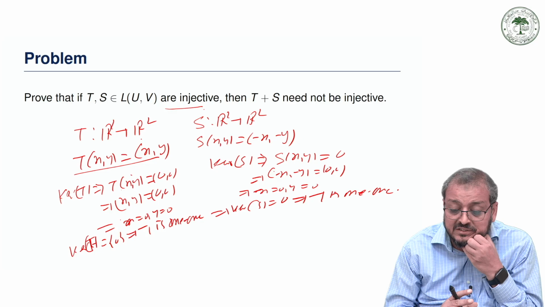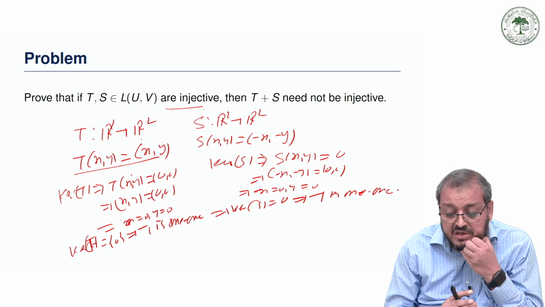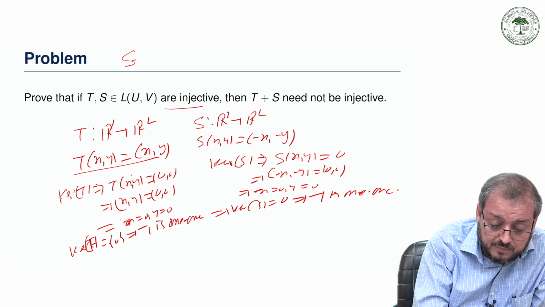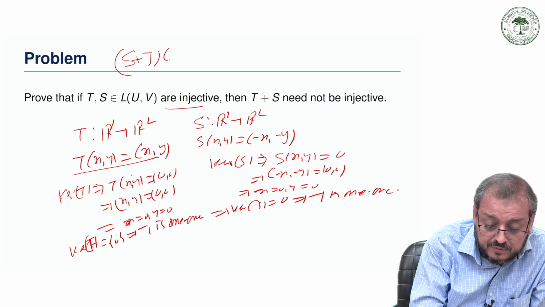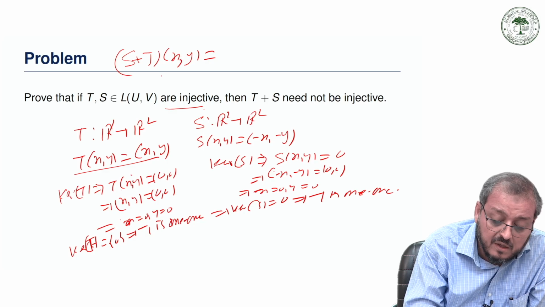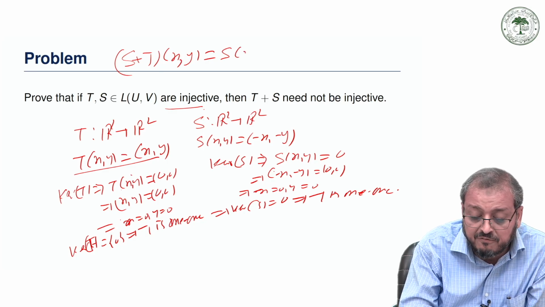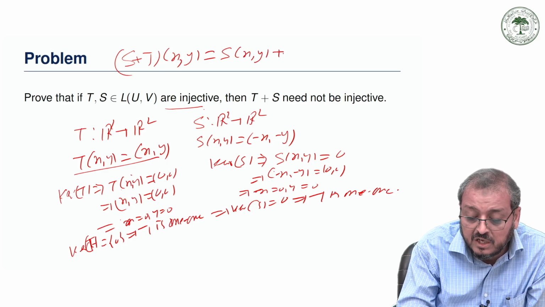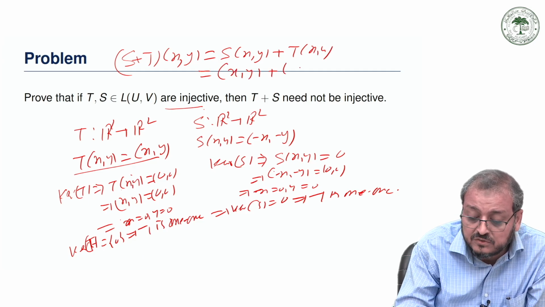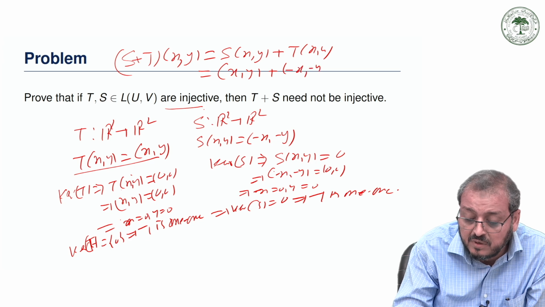Now we check what happens with the sum of these two. I take the sum (S plus T) of (x, y). By the definition of the sum of two linear maps, this is S of (x, y) plus T of (x, y), which is (x, y) plus (minus x, minus y).